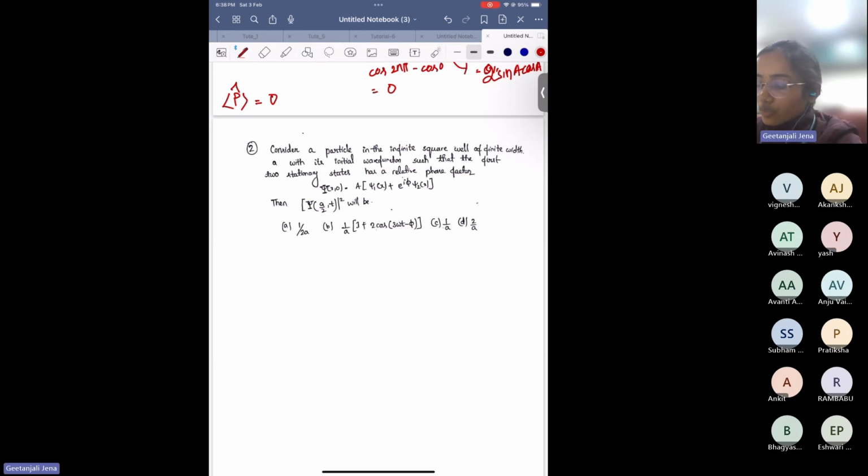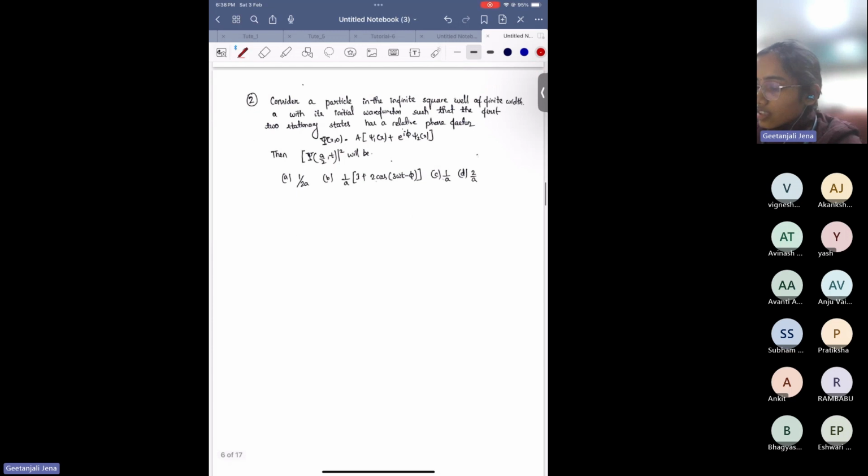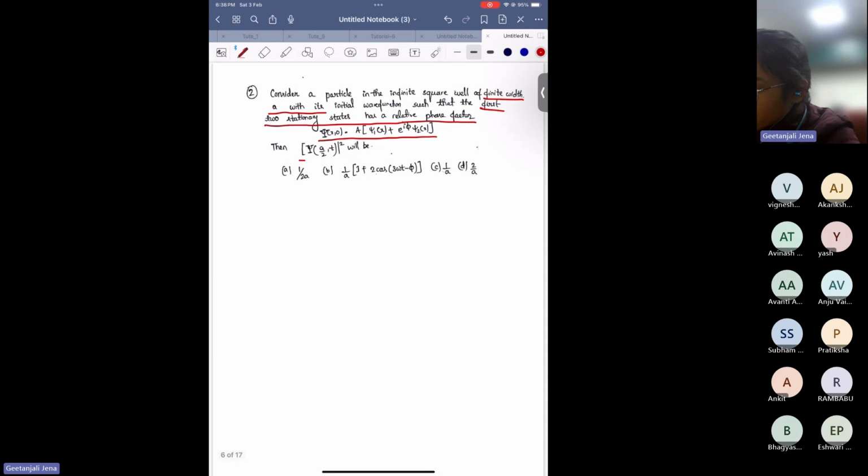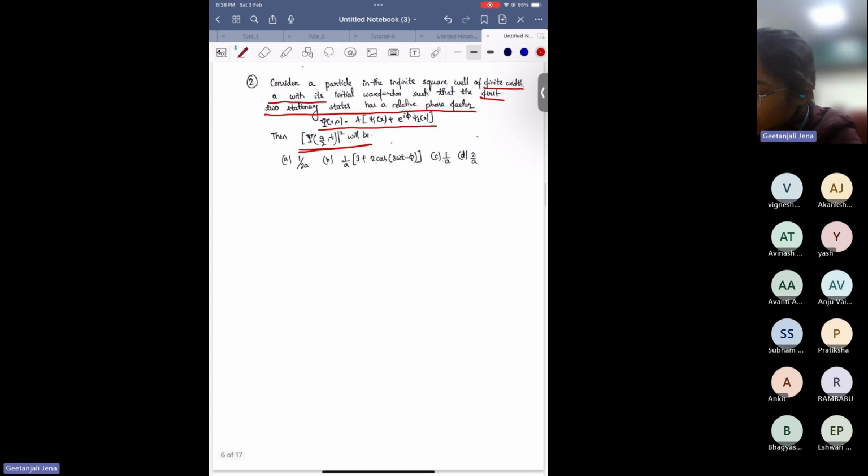So let's move to the next question. Next question is, consider a particle in the infinite square well of finite width A with its initial wave function such that the first two stationary states have a relative phase factor, which is given by this. So this is asking about what is the expression for this one. So what is given?